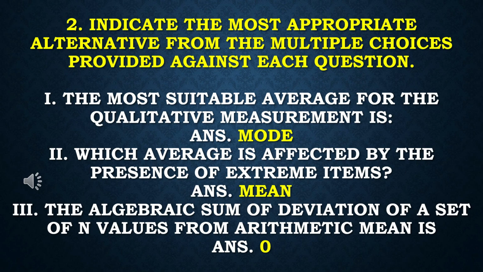Here the answer will be arithmetic mean or mean. It is affected by the extreme items. The third question is: the algebraic sum of deviation of a set of n values from arithmetic mean is. Here the answer will be what? It is 0. So here we get all the 3 answers for question number 2.